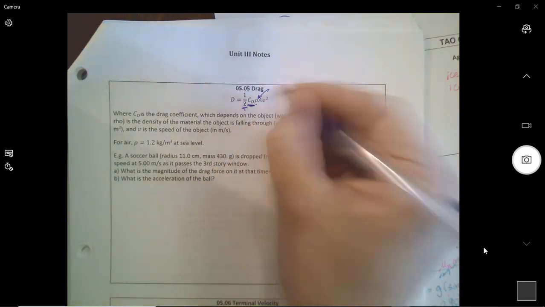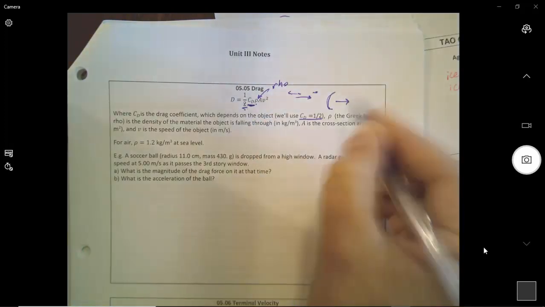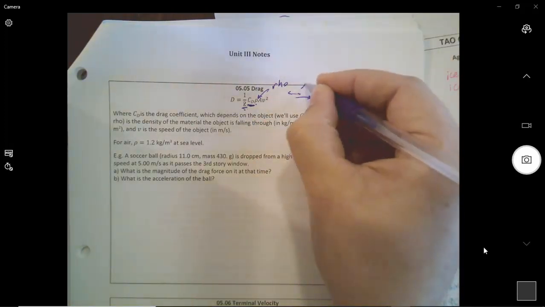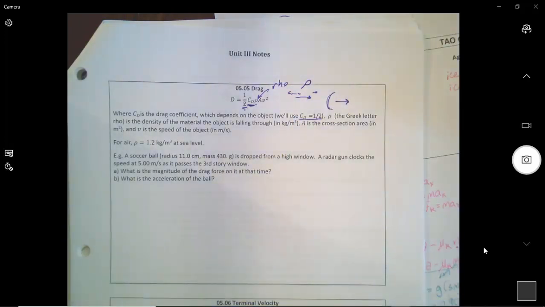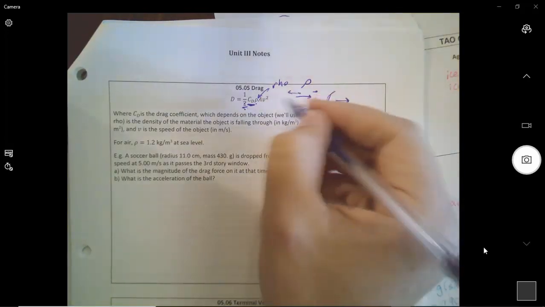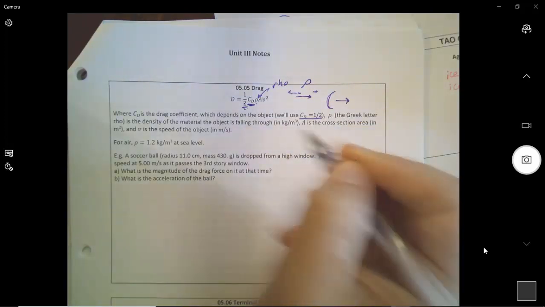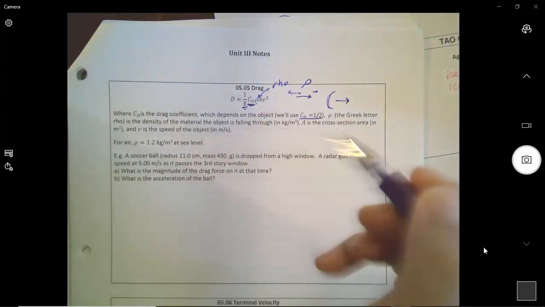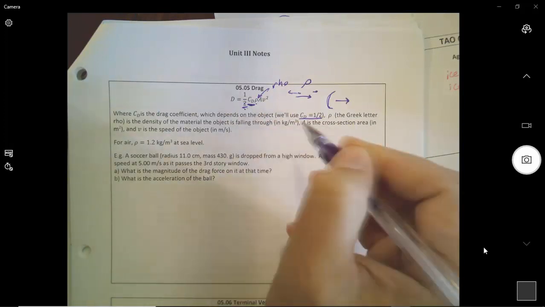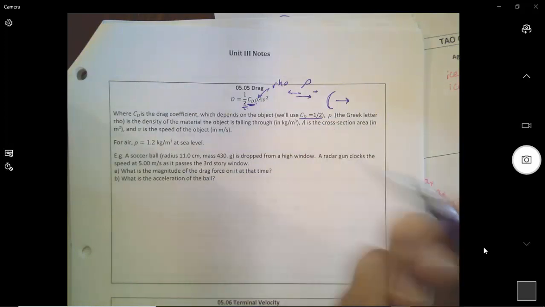This is the Greek letter rho, R-H-O. It's not a P, sort of a slightly curly sideways character and not a P. It's actually the Greek R instead of a P. This is the density of the gas or material that the object is falling through in kilograms per meter cubed.